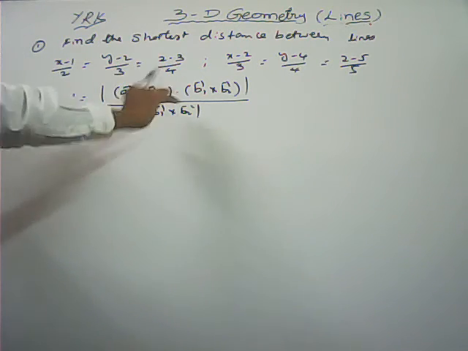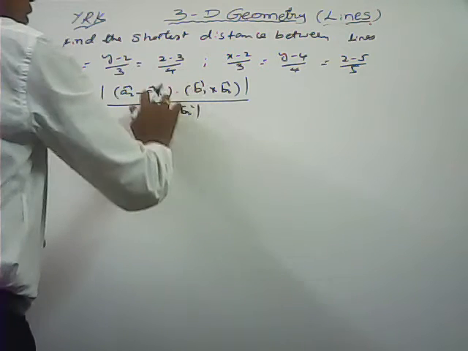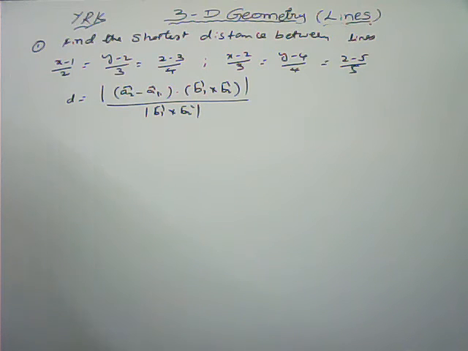If I get D equal to 0, that is, if the numerator, A2 bar minus A1 bar dot B1 bar cross B2 bar, gives the value 0, then both the lines are intersecting lines only. Both the lines are intersecting lines. I will explain with one example also how to find the point of intersection.